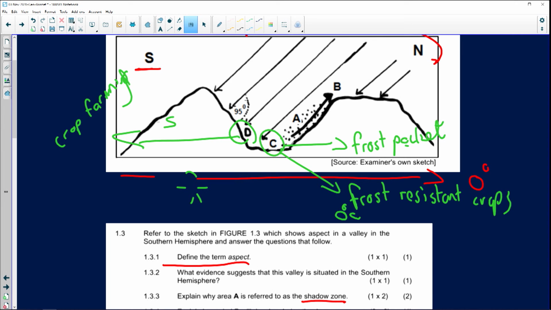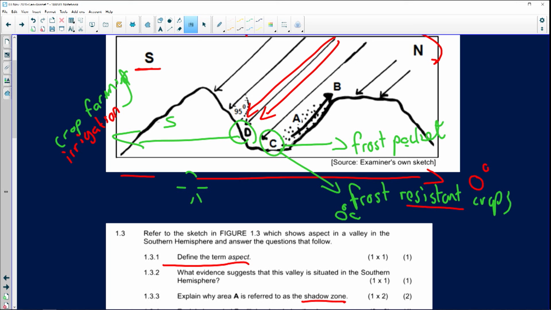But because it receives more insolation, because of the direct insolation, he needs to make a plan for irrigation. Okay, so it's going to be much more suitable on that side. Okay, so I've mentioned frost-resistant crops need to be planted over there, right?